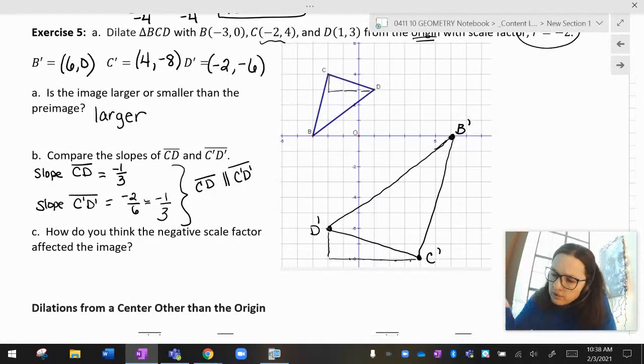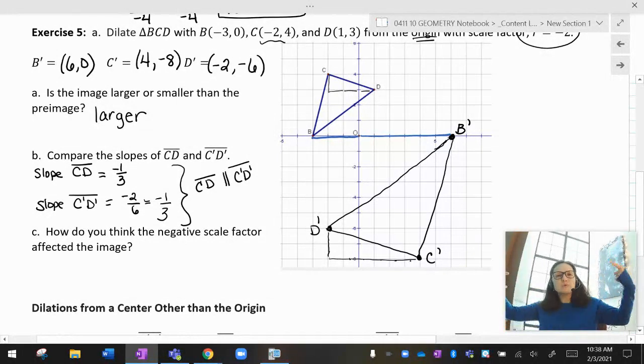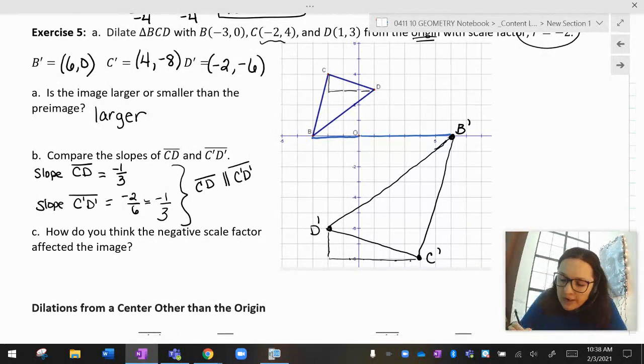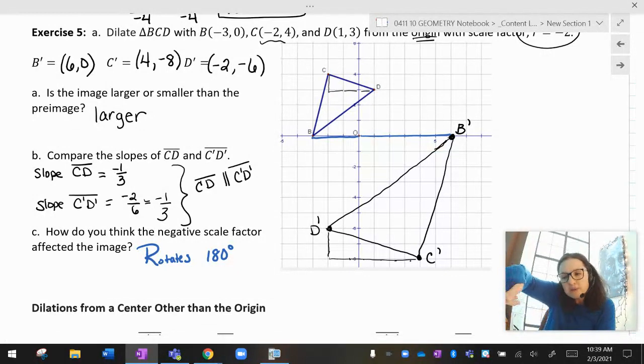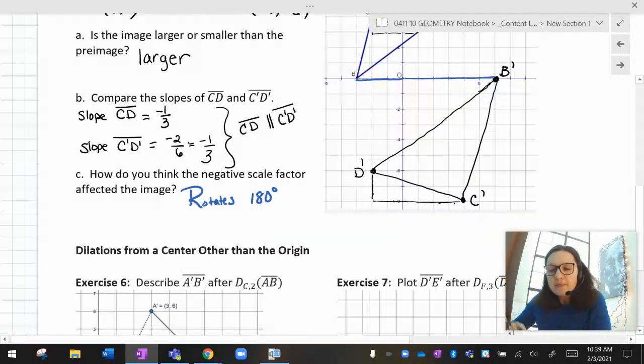When I come over here, O to B is 3, O to B prime is 6, but it goes in the other direction. So how does the negative scale factor affect the image? It rotates it 180 degrees. It turns it. So if you think about this blue one and you were to turn it upside down and then stretch it out, that's where that black one came from. Okay.